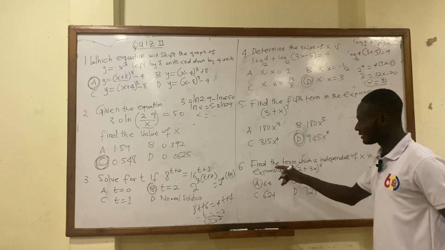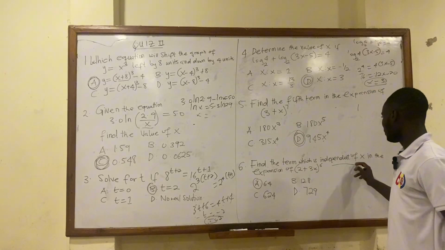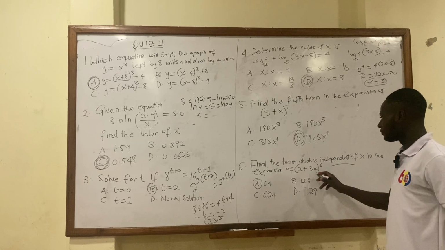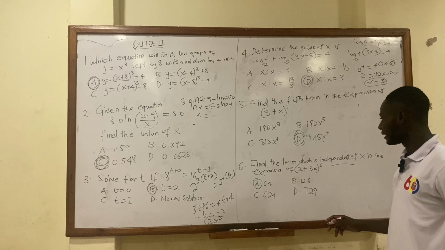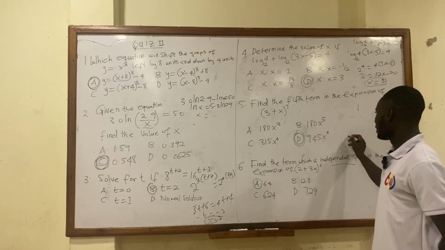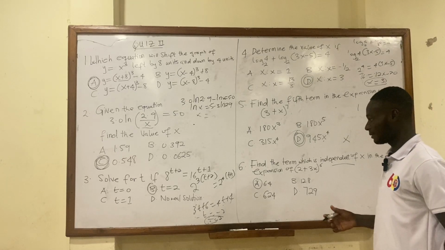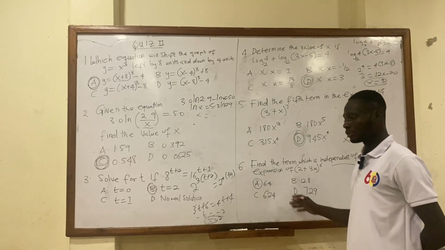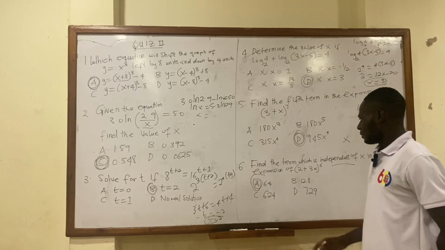And then question 6, they said find the term which is independent of x in the expansion of 2 plus 3x to the power 6. All right, so this is the same application. We use the Pascal's expansion, and then we use it to expand this binomial theorem, and then we have 64.